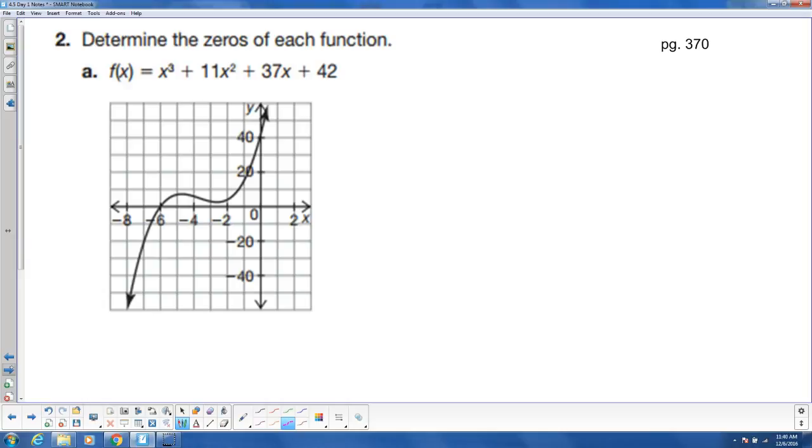What are we going to pull out of the first two? X squared. X squared, right? That leaves me with x plus 11, right? What are we going to pull out of 37x plus 42? Nothing, right? So can I group it? No. Okay? So I got to go in a different way.